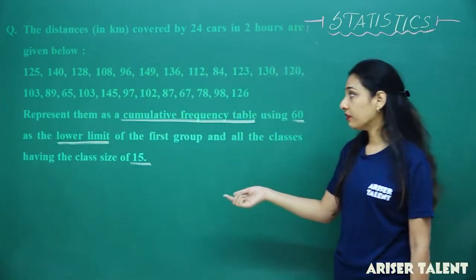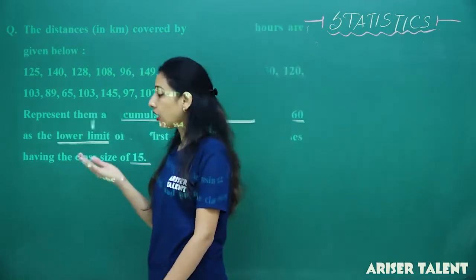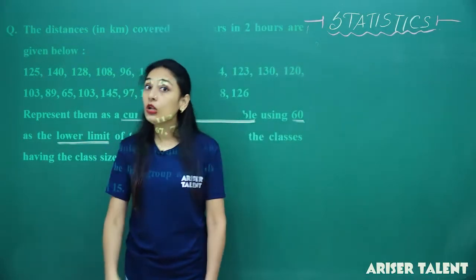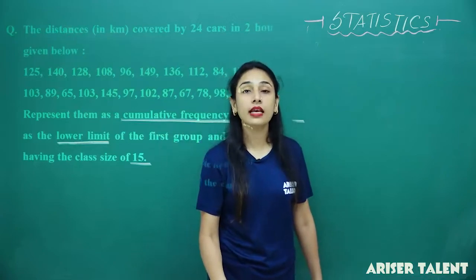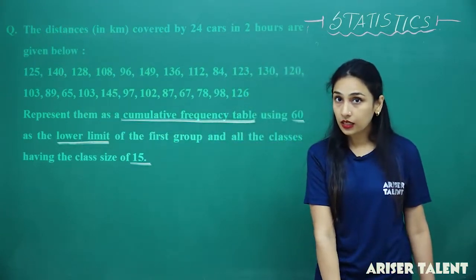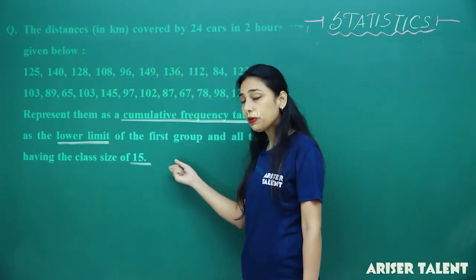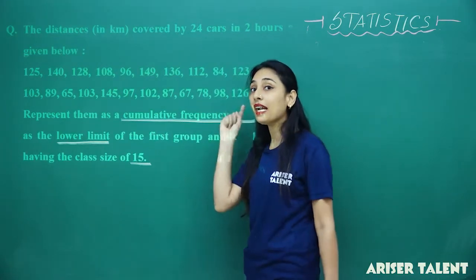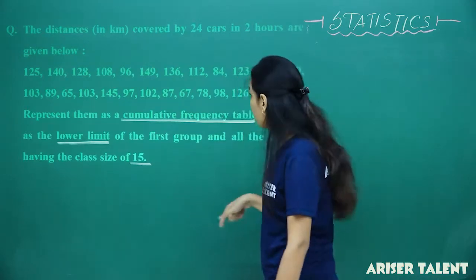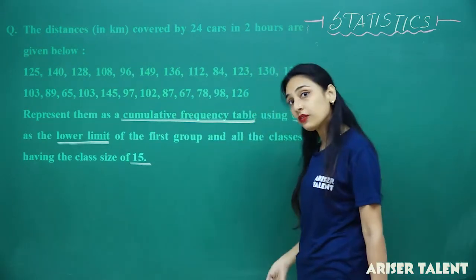Class size you have given, lower limit you have given, so upper limit will be just lower limit plus the class size. Now you are having the upper limit and the lower limit. With the help of tally, you can go through the frequency.